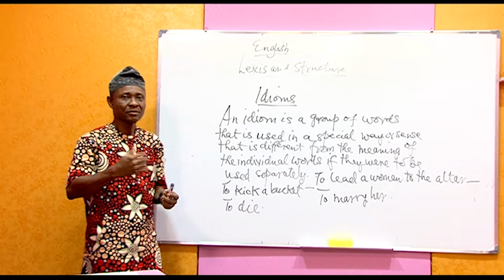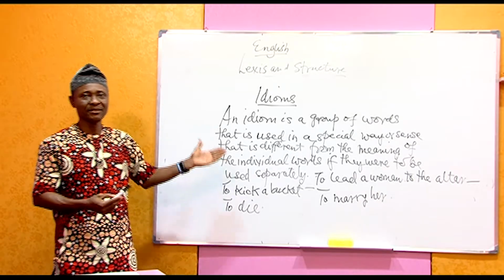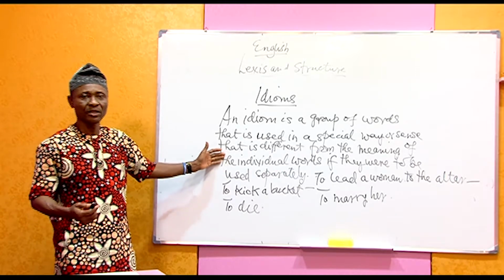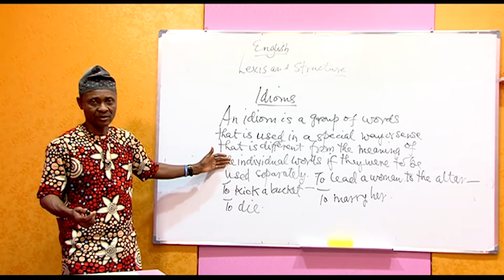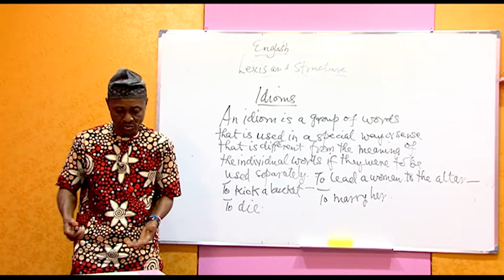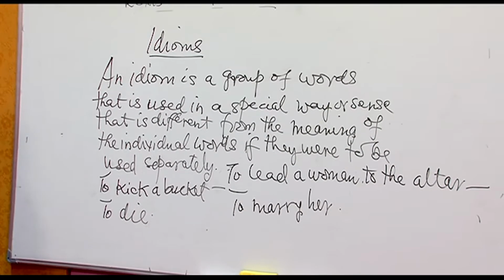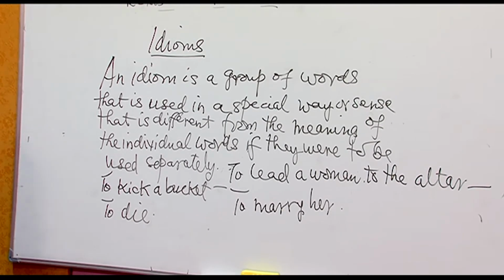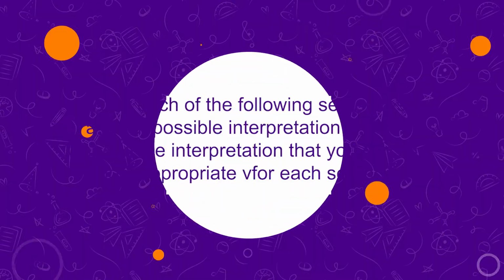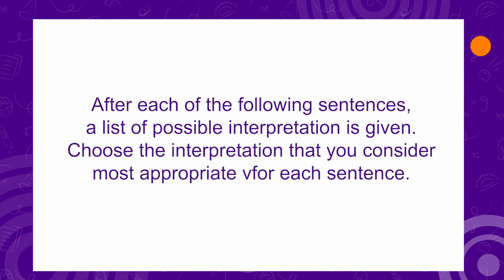So it is advised when answering this type of question, a good knowledge of idioms and proverbs will help a student to do very well in section 3 of lexis and structure. Now, listen to the instruction. After each of the following sentences, a list of possible interpretations is given. Choose the interpretation that you consider most appropriate for each sentence.